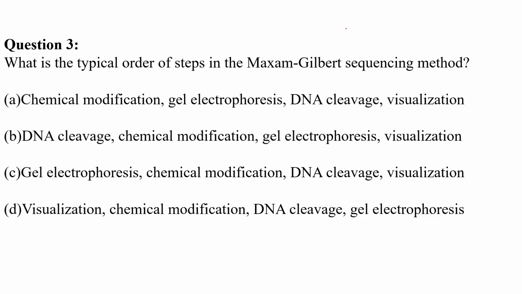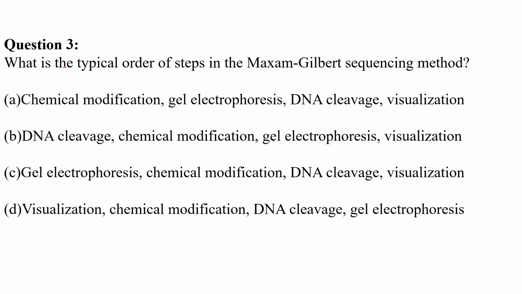Moving on to the next question, question number 3. What is the typical order of steps in the Maxam-Gilbert sequencing method? Option A, chemical modification, gel electrophoresis, DNA cleavage, visualization.